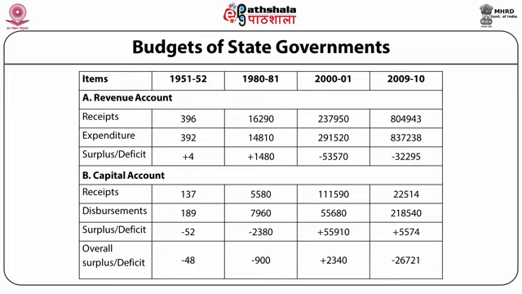When we look at the capital account, the capital receipts were just 137 crores in 1951-52, which increased to 22,514 crores in 2009-2010. And disbursements increased from 189 crores in 1951-52 to 2,18,540 crores in 2009-2010.